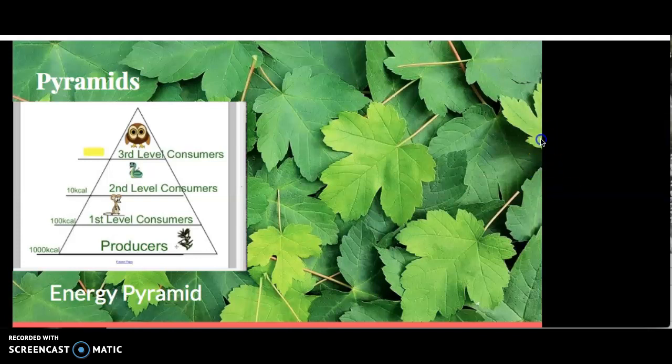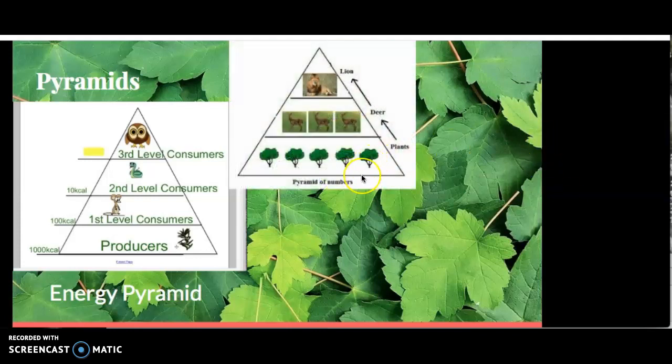We can also look at this in a pyramid of numbers to kind of analyze the number of organisms. So usually you're going to have at the bottom of the food chain the producers you're going to have the most of in your environment, right? Because if not enough energy is accessible to your first level or primary consumers, right? And then same thing for your secondary consumers.